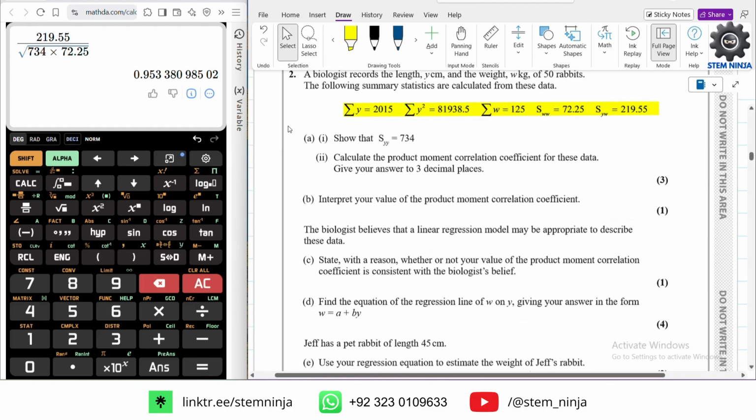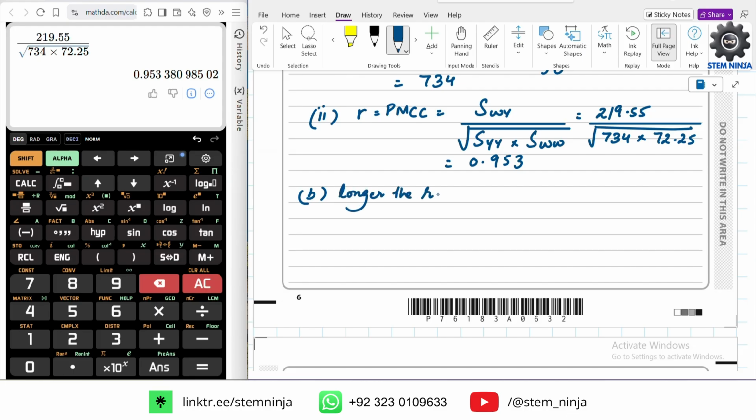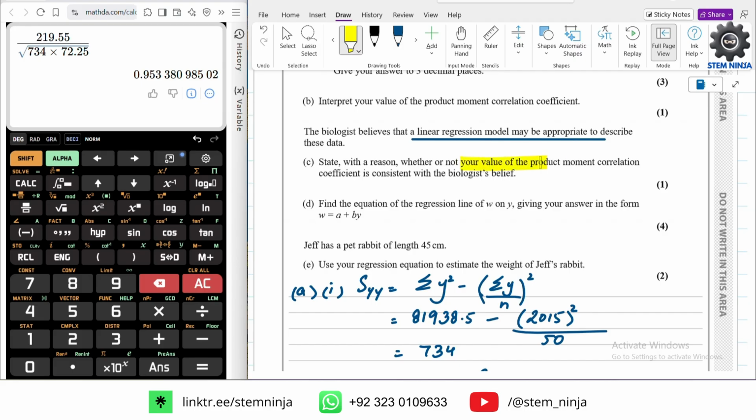Interpret your value of the product moment correlation coefficient. So basically it's a positive correlation. So we will say the longer the rabbit, the heavier its weight. Simple interpretation. The biologist believes that a linear regression model may be appropriate to describe these data. State with a reason whether or not your value of the product moment correlation is consistent with the biologist's belief.